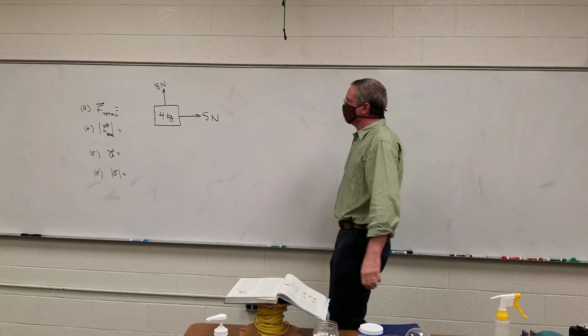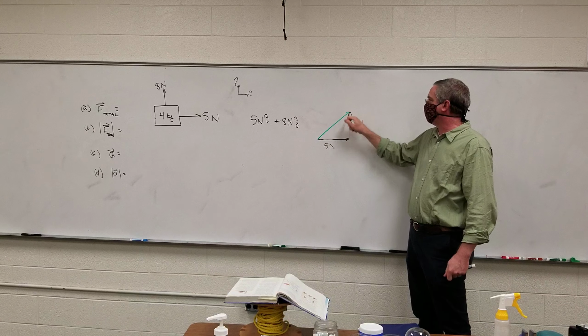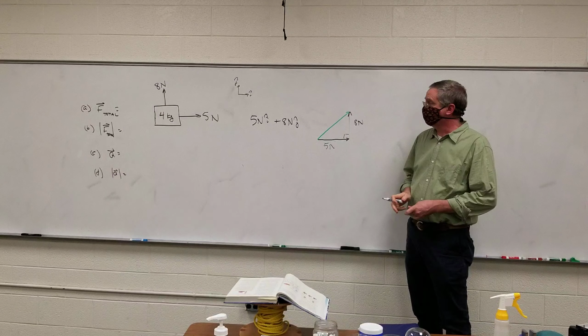The magnitude: now I need to somehow get rid of direction, so I don't just drop I hat and J hat and add them together to get 13, because they are in different directions. I still am adding the vectors. I have a vector going to the right of 5 newtons plus a vector going up of 8 newtons. So my resultant is that vector right there. That is a right angle, and so, little Pythagorean theorem: the square root of 5 squared plus 8 squared.